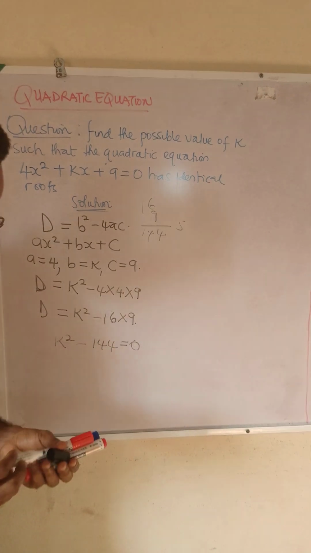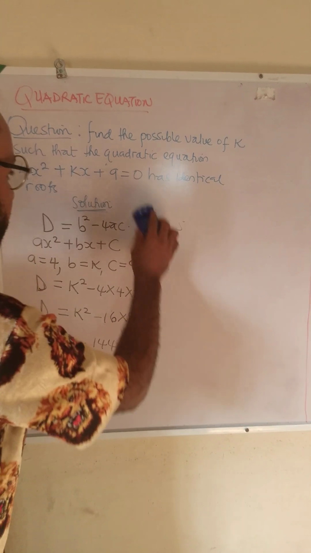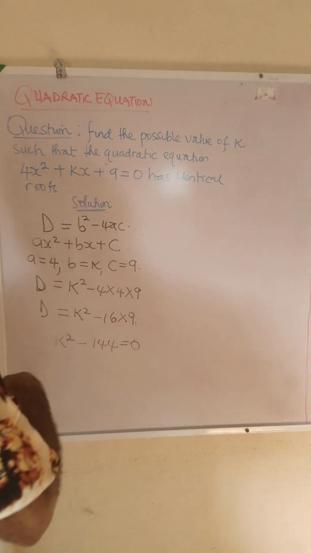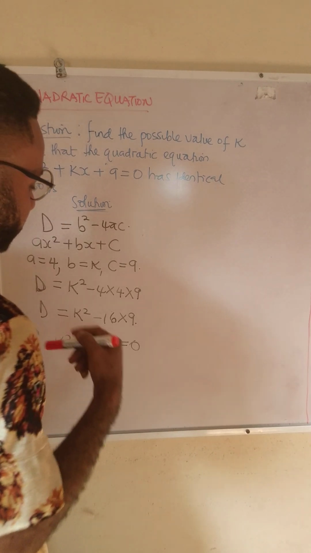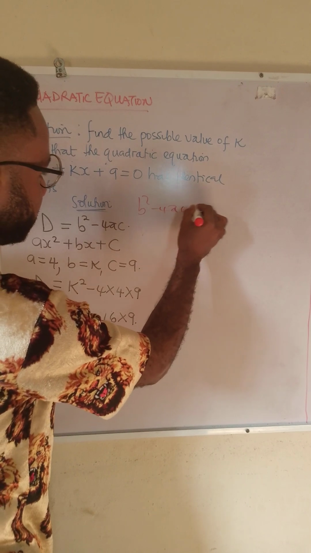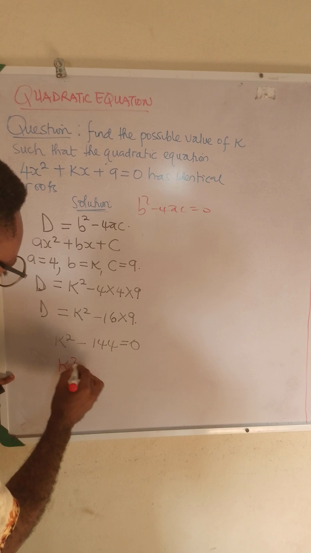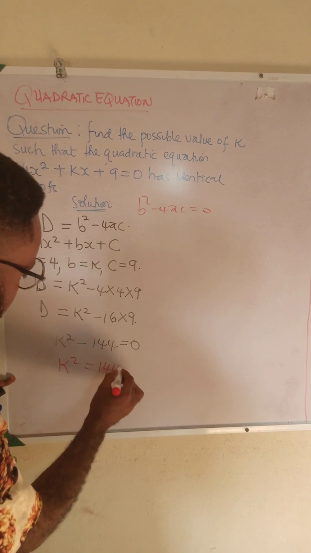Of course, you know why we are having 0: because for identical roots, our discriminant b squared minus 4ac is always equal to 0. So we are going to have that k squared equals 144.